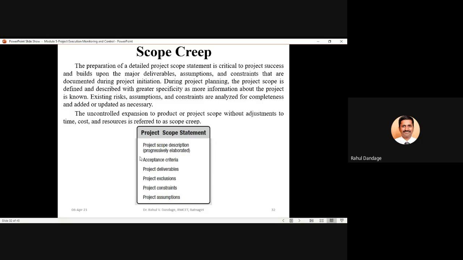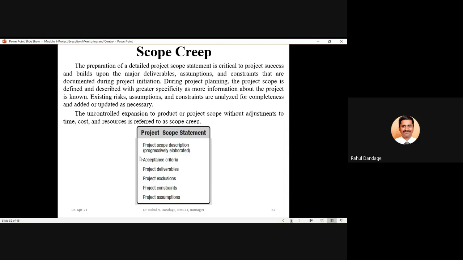So whenever you find there is scope creep, or whenever you are preparing the project scope statement, the existing risks, the various assumptions which are taken up, and the constraints for your project activities should be analyzed so that the project scope statement will be a very valid statement.